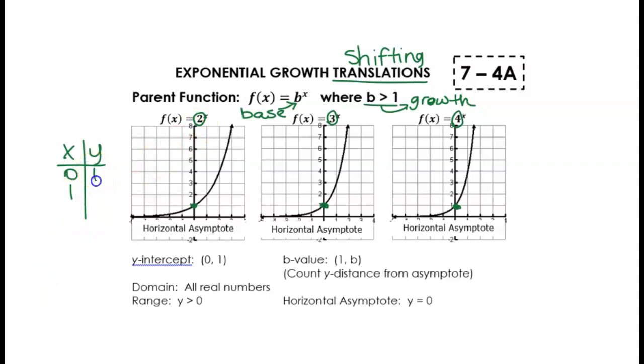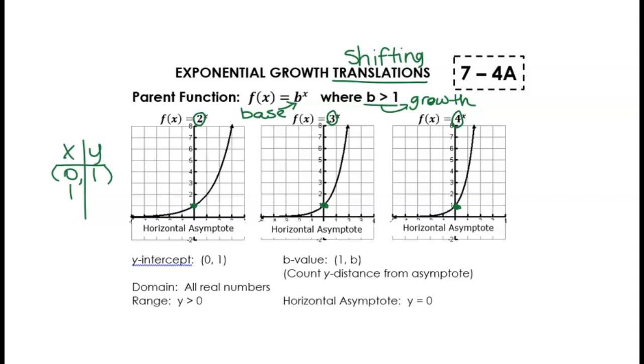Anything to the power of 0 is 1. 3 to the power of 0 is 1. 4 to the power of 0 is 1. Anything to the power of 0 is 1, which is why we end up with this in our exponential functions, unless it's been shifted, which we're going to do today. So we see the y-intercept is the same in all of the functions.